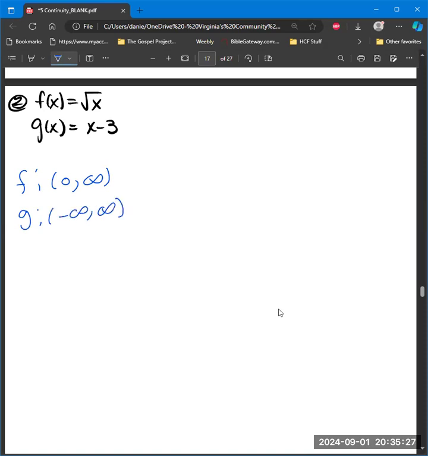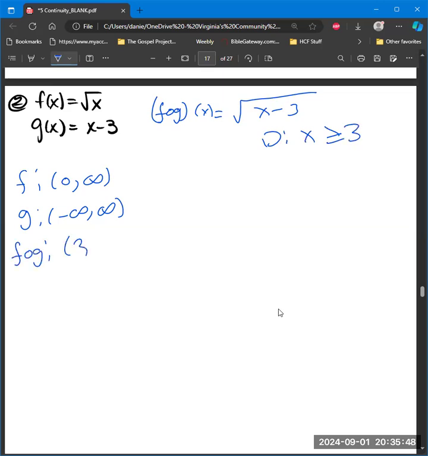Now let's see what happens when I take the square root of x minus 3, which has a domain of x greater than or equal to 3. So f of g is going to be continuous on 3 to infinity.